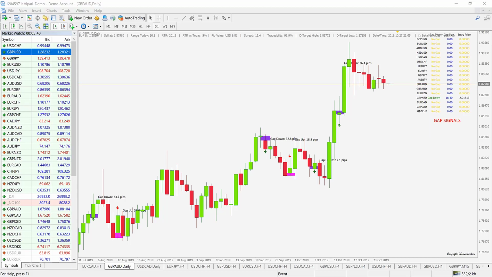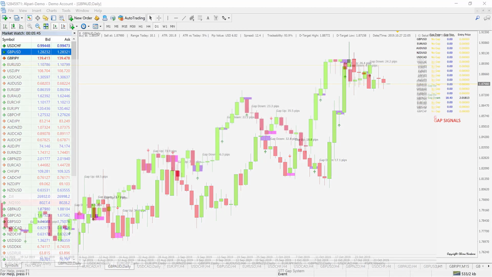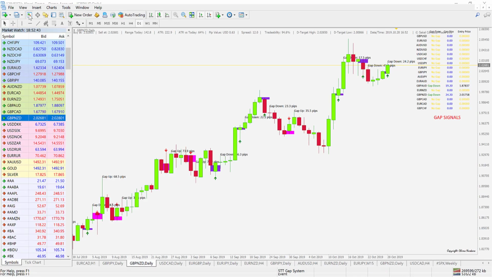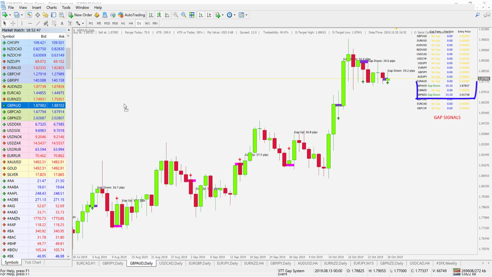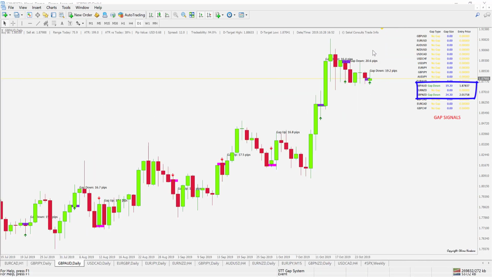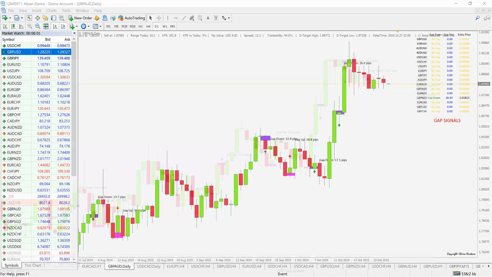Even Insta Forex has just now opened trades. Yes, my gaps have just opened now, automated on Insta Forex. And let's see if it's the same with Oanda.